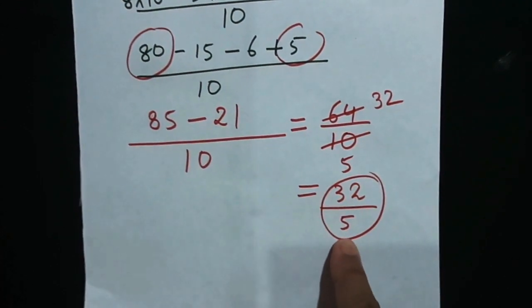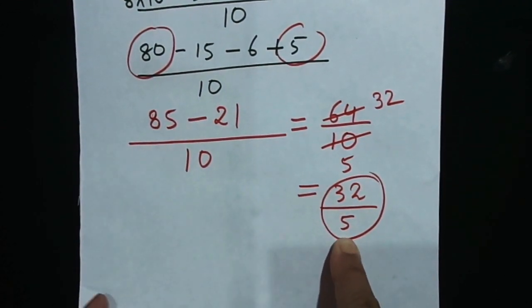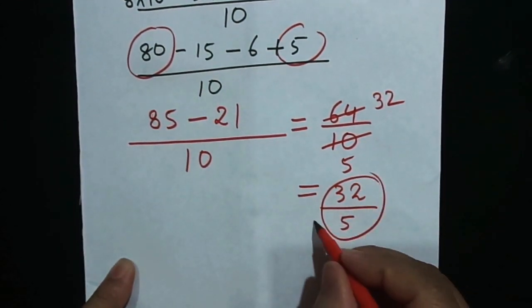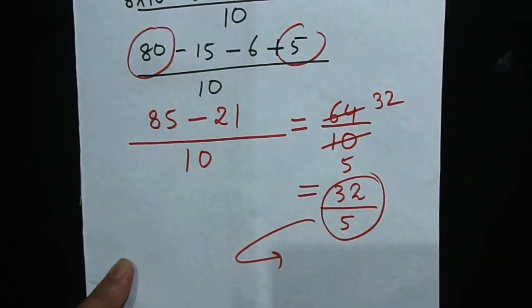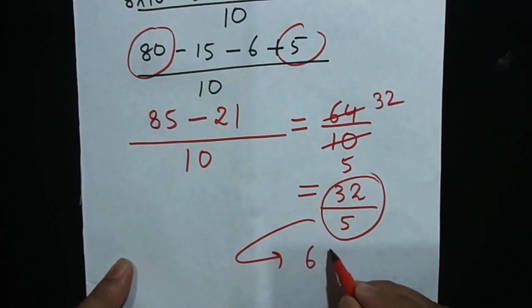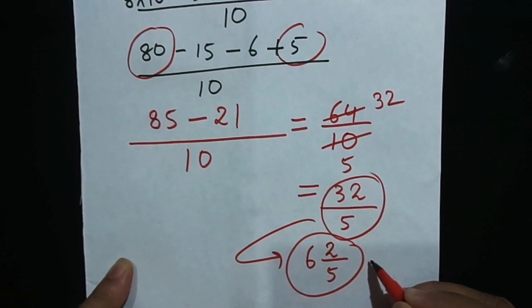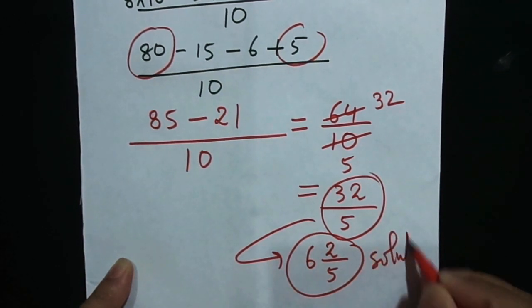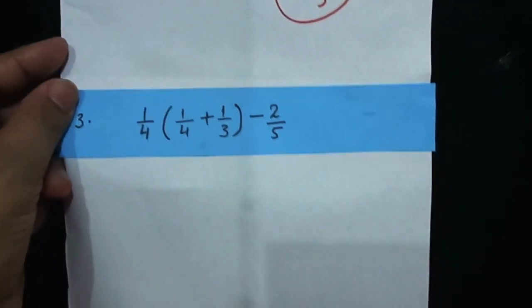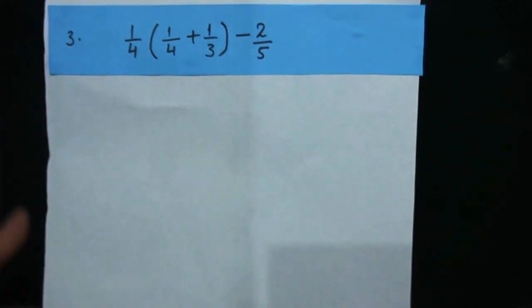Because the denominator is smaller. Therefore I need to change this into a mixed number. So when I change this into a mixed number, I'll get 6 2 by 5 as our final solution, isn't it?